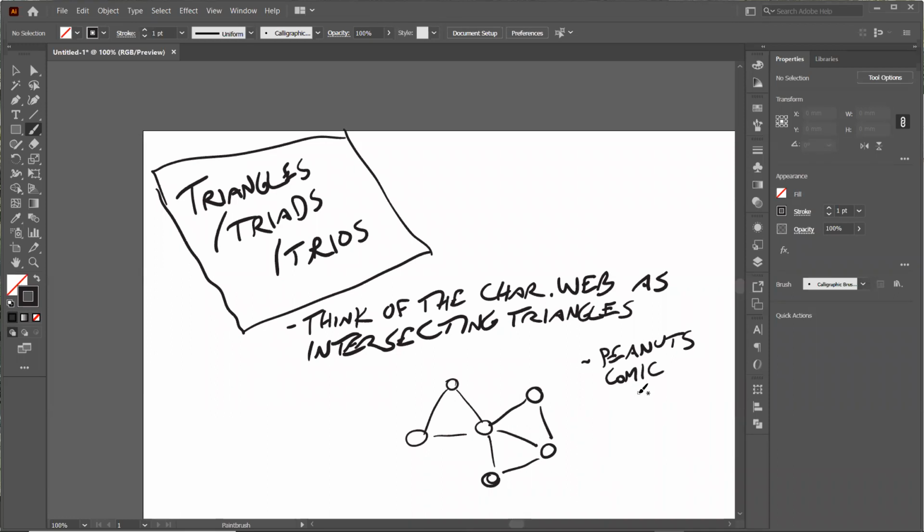So if you have a very long series, then these kinds of constellations are usually a good idea, because they are more dynamic than having constellations of 2 and 2, for instance. Of course, you can have 4 characters, but it's good if they are somehow intersecting as triangles, so that the relationship between these 3 is different than the relationship between these ones.